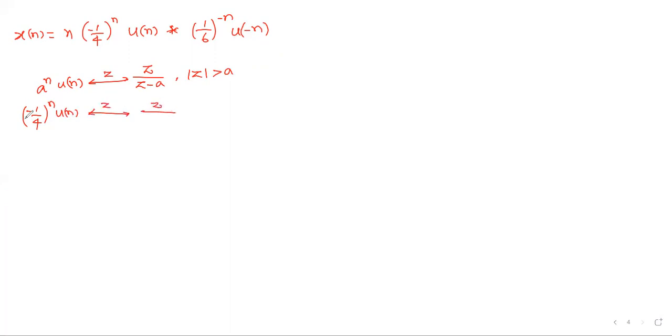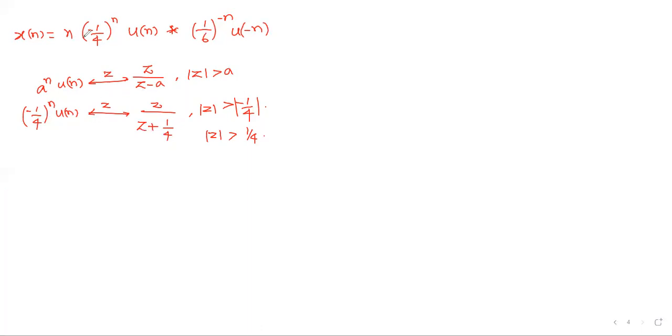Z by, what is the a value? Minus 1 by 4. So z plus 1 by 4. What is the ROC? Mod z greater than 1 by 4. Here you need to write, again, mod z is greater than modulus of minus 1 by 4, which is nothing but plus 1 by 4, because the radius value has to be positive.